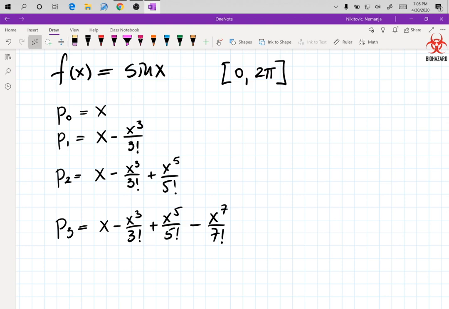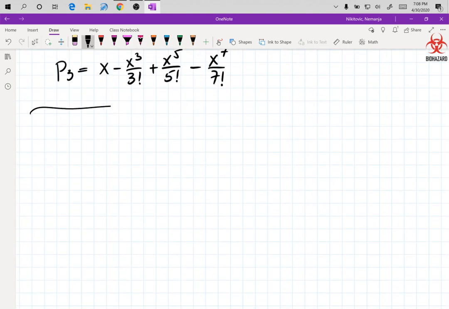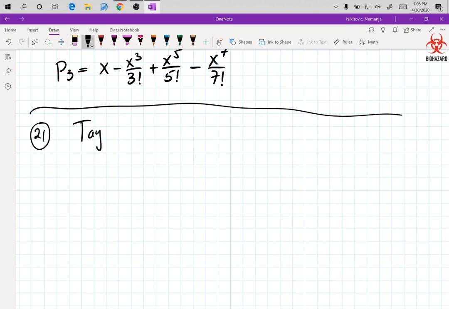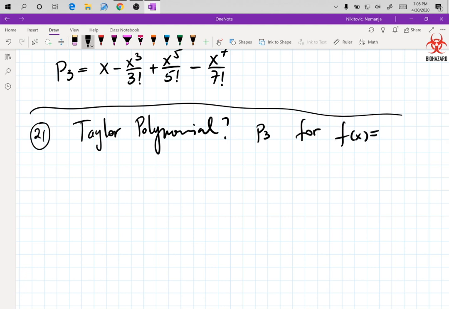Here is problem 21. It's a very cheap, easy problem. It says, find a Taylor polynomial, they want a P3, so that's 4 terms, for function f of x equals x cubed, and they say centered at 1.